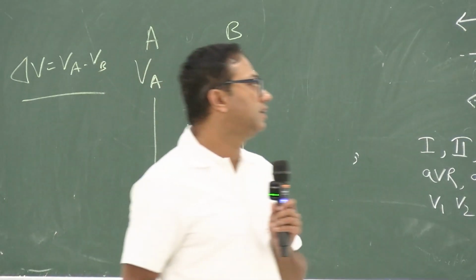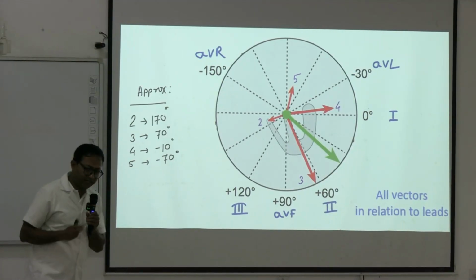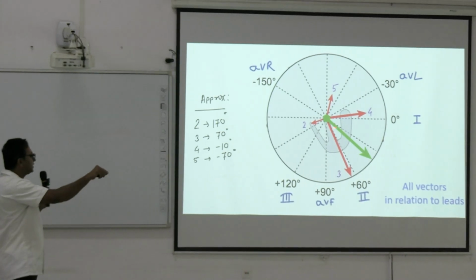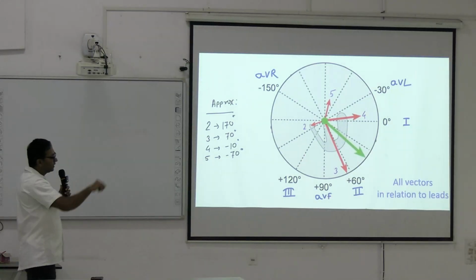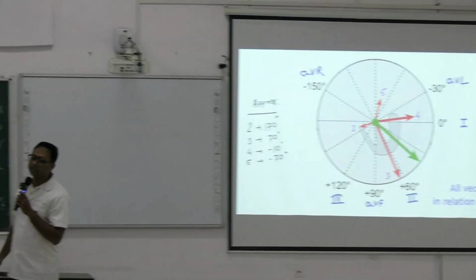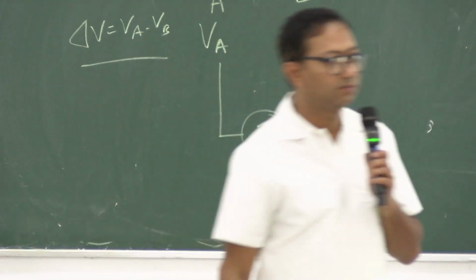So that means if this green color vector, the mean electrical vector, rotates in a positive direction and crosses 110 degree, then we call it right axis deviation, right?